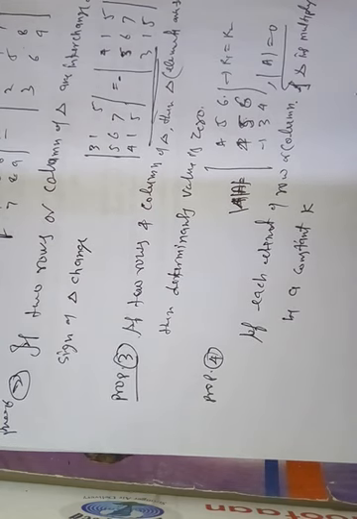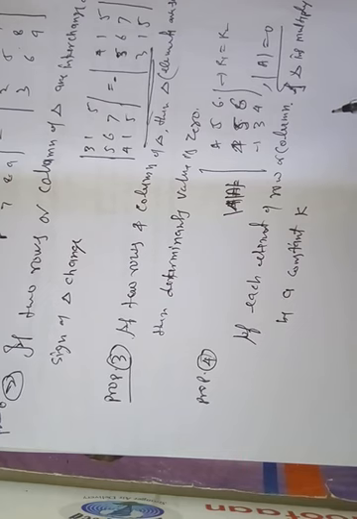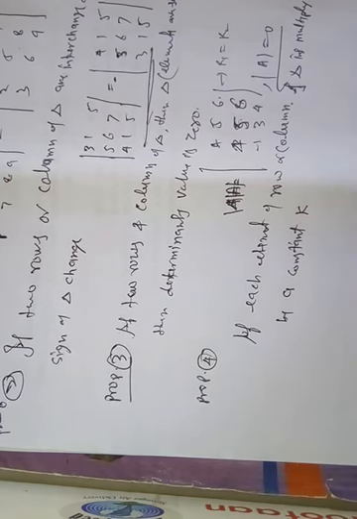Only one row is multiplied, each element of that row or column.